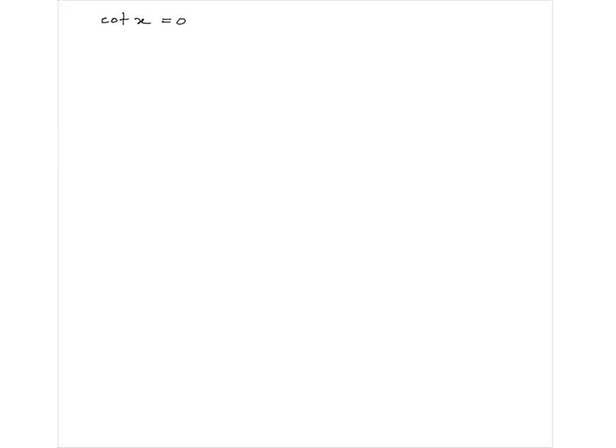Likewise, now can you say something for this? What will be the general solution? So, odd multiple of pi by 2. Cot is 0 when cos is 0. So odd multiple of pi by 2.